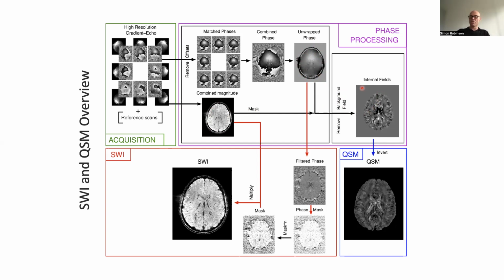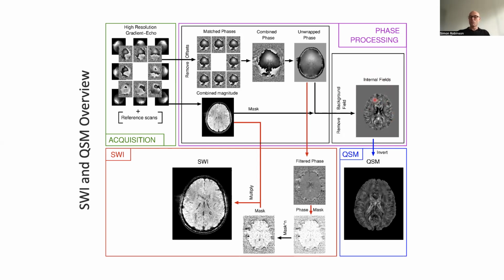Those are the sources of susceptibility which come from outside of our field of view. And these account for most of the changes in the field. They're basically the interfaces between bone and air and tissue and air, the large susceptibility differences. And by removing those background fields, we end up with the internal fields that are generated by the tissue.